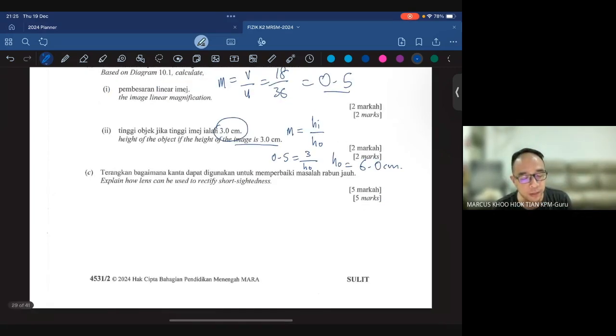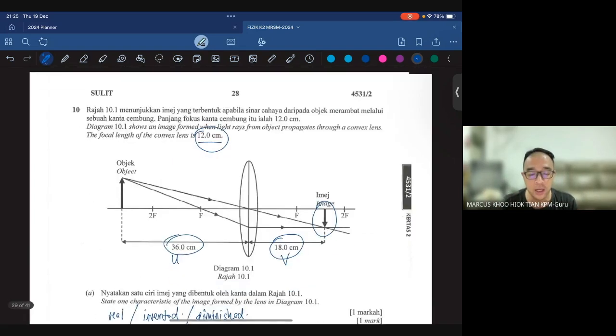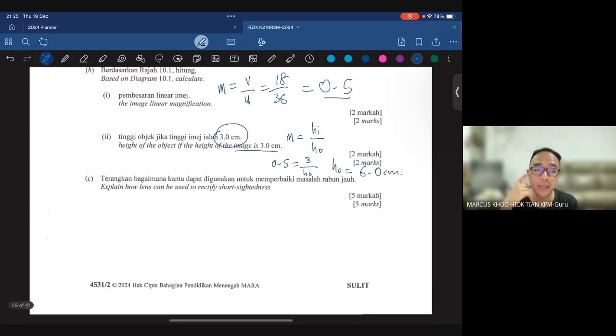Okay, explain how a lens can be used to rectify short-sightedness. Obviously, the first thing you need to talk about is which lens. A convex lens is not for short-sightedness. People like me with short-sightedness cannot see far, so I need the concave lens.